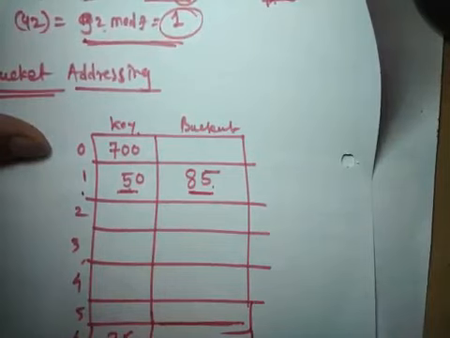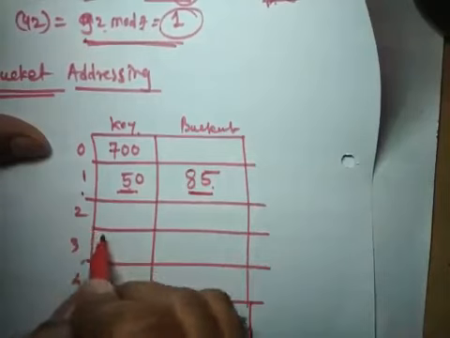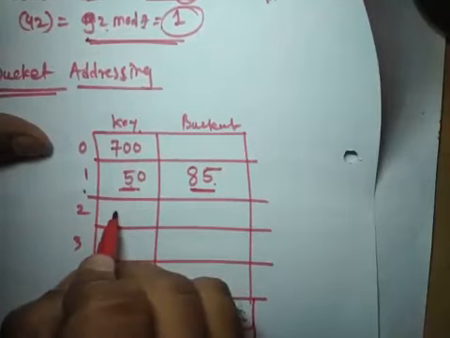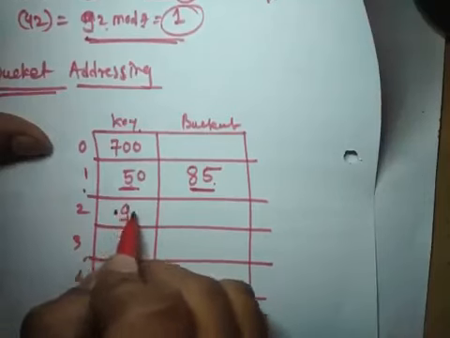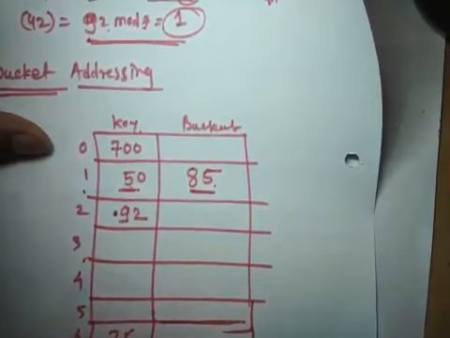In this situation we use linear probing, or open addressing. As per open addressing, the next available location is index 2, so at index 2 we store 92. This is the bucket addressing technique.